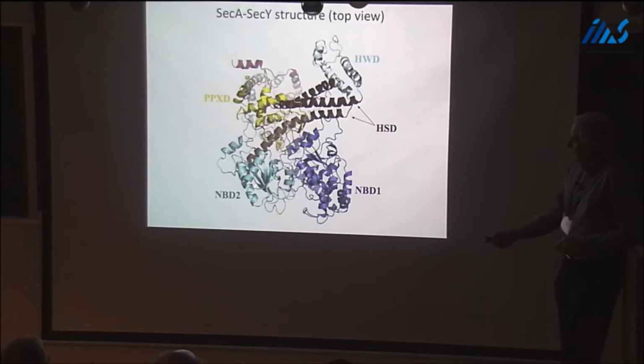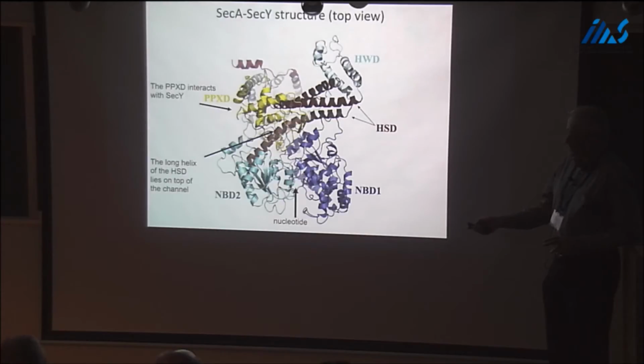There are two nucleotide binding domains, NBD1 and 2, and the nucleotide is bound in between. During the ATP hydrolysis cycle, the two NBD domains move relative to one another. By the way, this is a RecA-like fold in each case, so you may know that there are other ATPases, usually hexamers, that use the RecA-like fold.